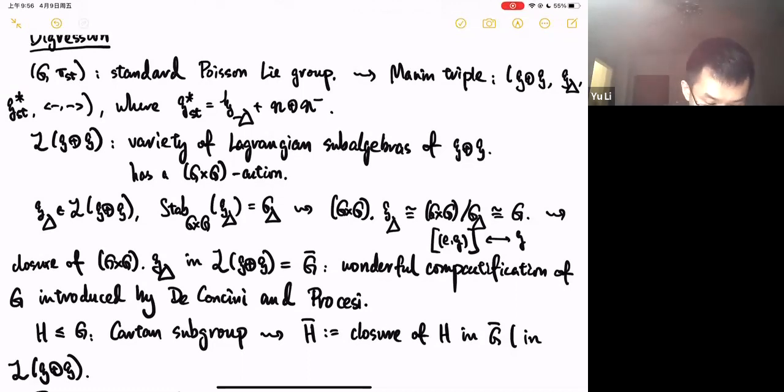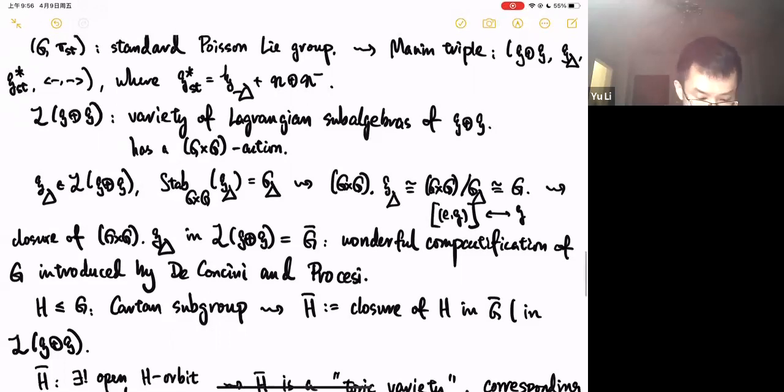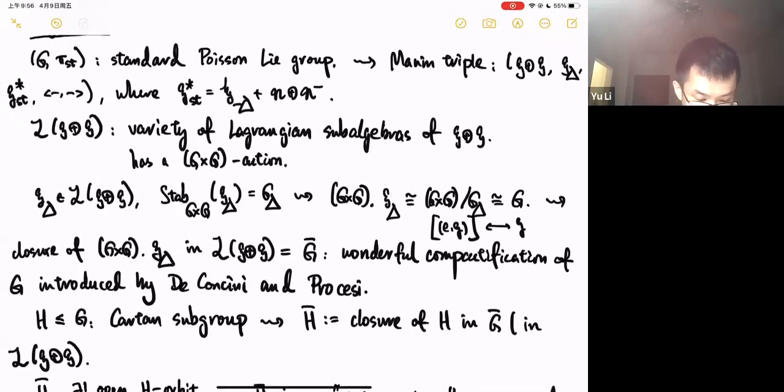Okay, and then we have the variety of Lagrangian subalgebras of g direct sum g. Again, as above, the Drinfeld double group G cross G acts on it. In this situation, the variety of Lagrangian subalgebras has a distinguished point, g delta, the diagonal subalgebra. This is a replacement of our G. The stabilizer inside the Drinfeld double group is just the diagonal group.